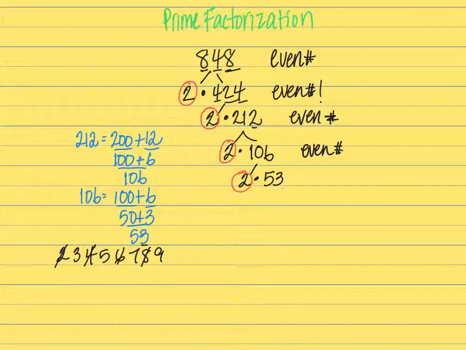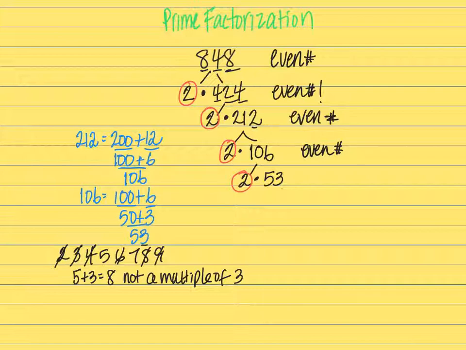And then I can look at 5 plus 3, and that equals 8, which is not a multiple of 3. So if it's not a multiple of 3, then it's not divisible by 3, and it's not divisible by 6, and it's not going to be divisible by 9.